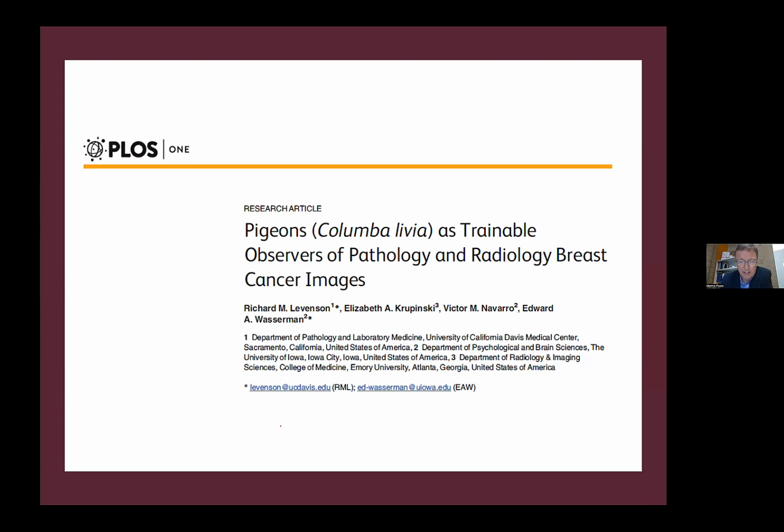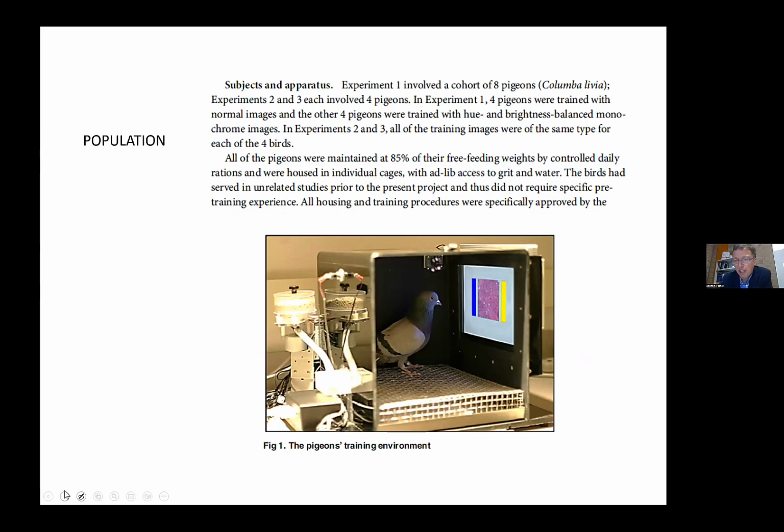And so they basically strapped a pigeon into a box, and then showed the pigeon images where they had to find particular findings.